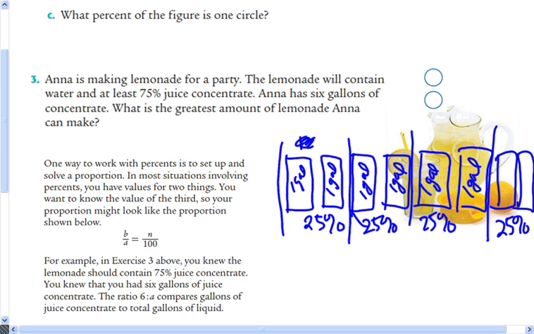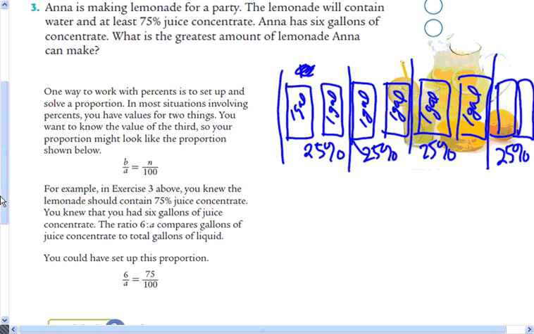juice. So another thing we can do, though, is set up a proportion to represent this. What numbers do we know about this situation and what do we need to find? We know the percent here. We know that the concentrate is 75%. So you can see in this proportion, the percent goes over the 100.